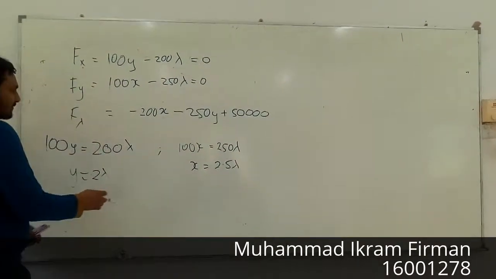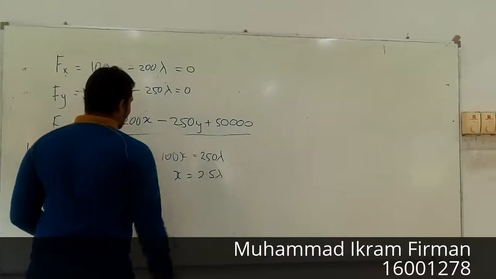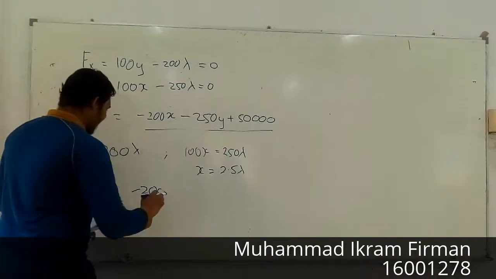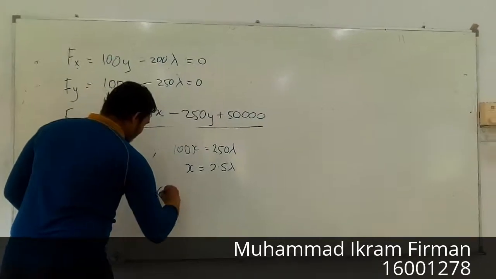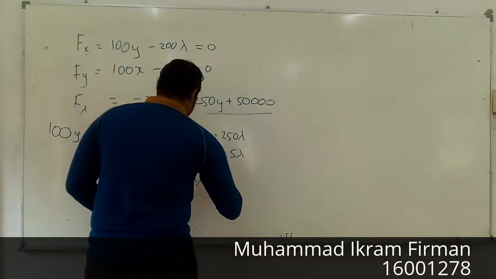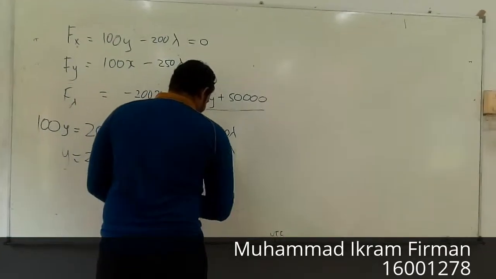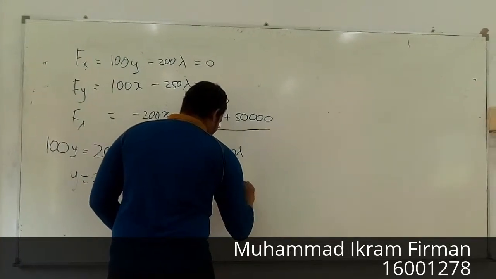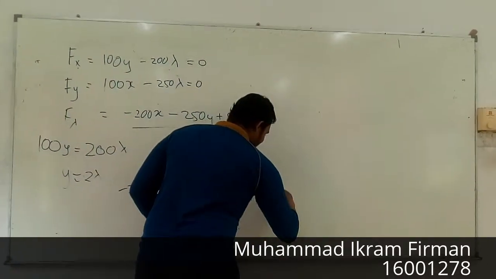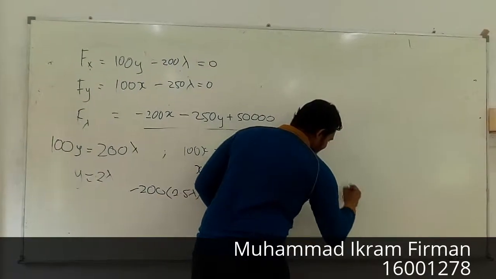We take this and substitute the values of x and y in terms of lambda into the constraint, the partial with respect to lambda. So -200 times 2.5 lambda, minus 250 times 2 lambda for y, plus 50,000 is equal to 0.